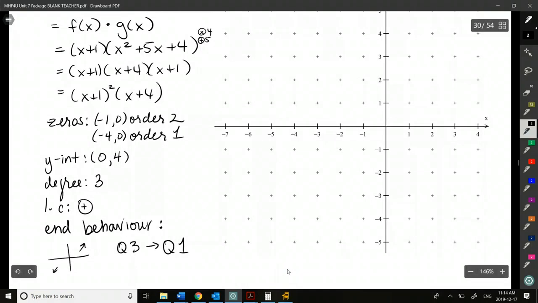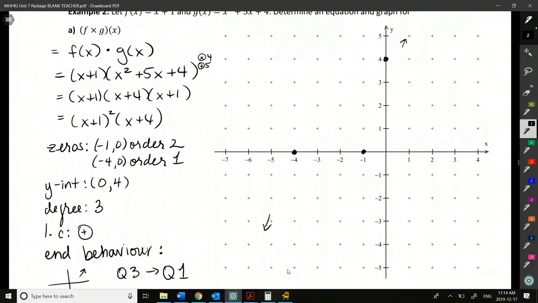Okay, so if we plot our points here, I've got something kind of going like this. And since this is a cubic, it should have something relatively symmetrical going on here. So we're going straight through this because it's order 1.